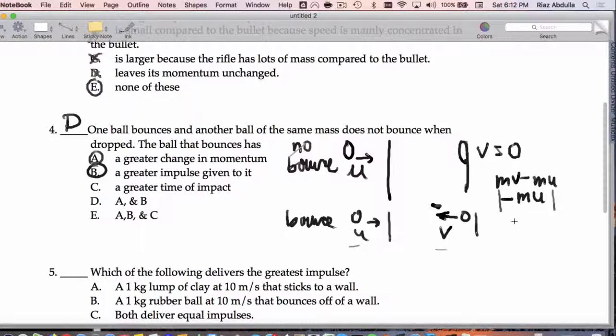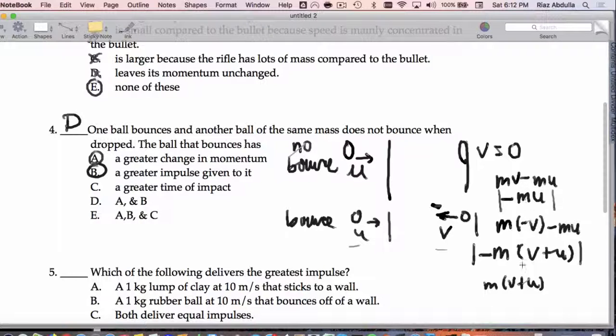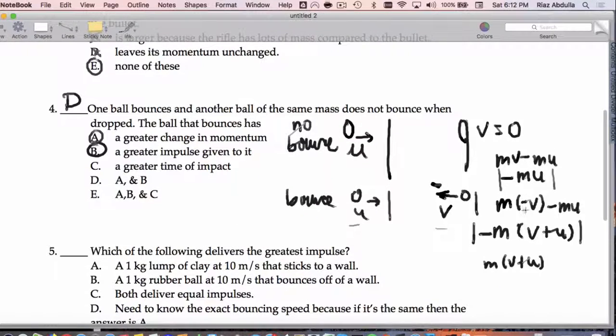So we go in, we have a final speed negative v, having gone in at u. So the total impulse is negative m, and we factor out v plus u in parentheses. When we take the absolute value of that, m(v plus u) is our total impulse, and that's going to be greater than the mu up here.